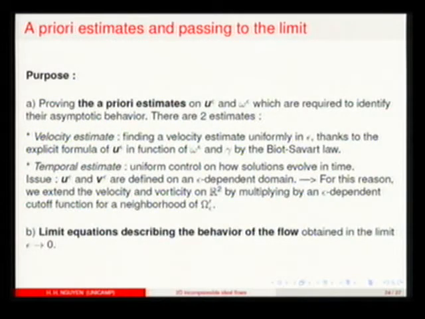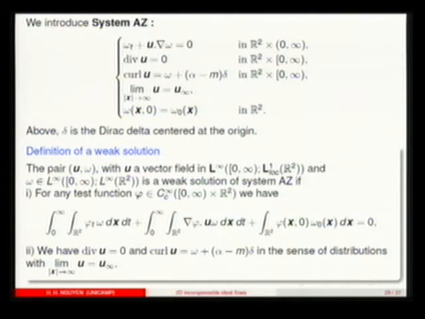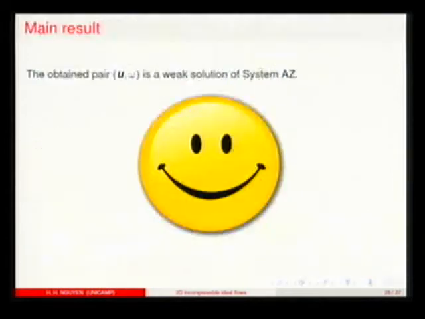We need to get the velocity estimate and temporal estimate of the evanescent problem. After we pass to the limit, we get omega and u. Then we check that omega and u satisfy this definition, and we can conclude that u and omega are a solution to the system.